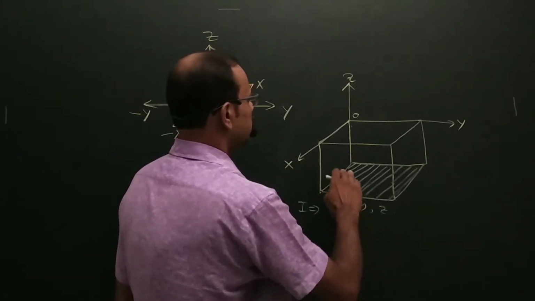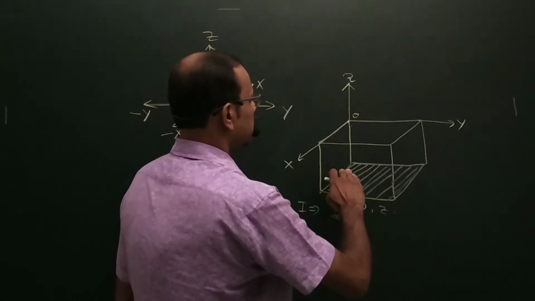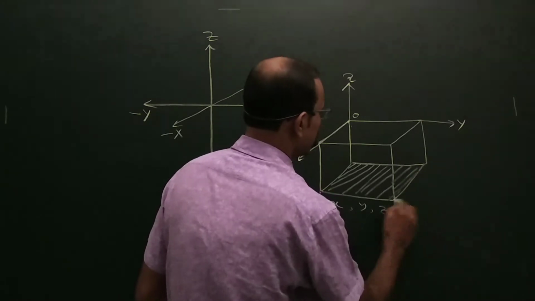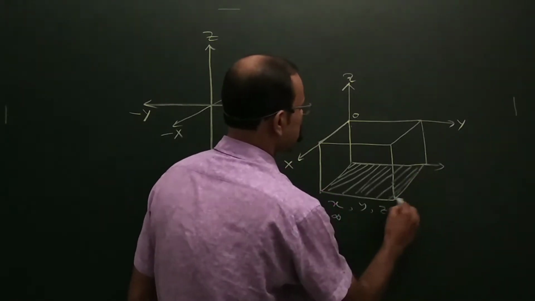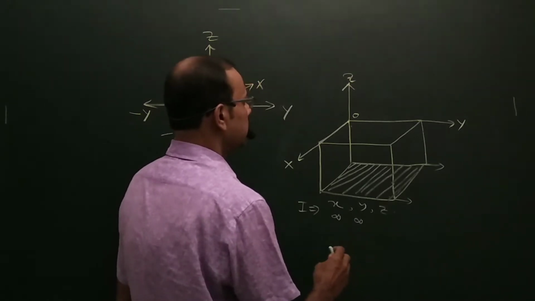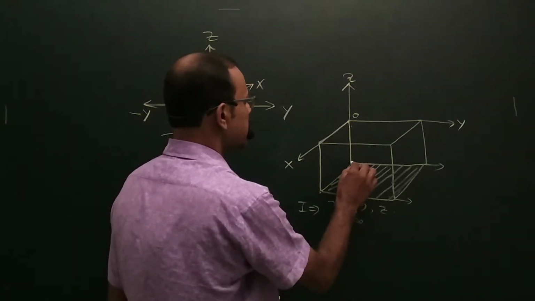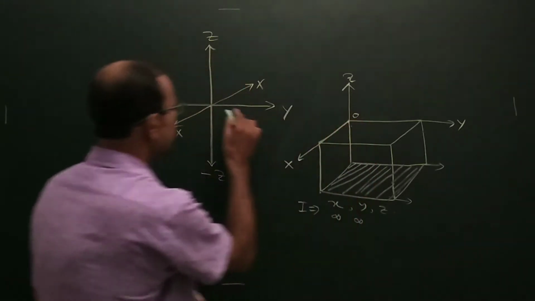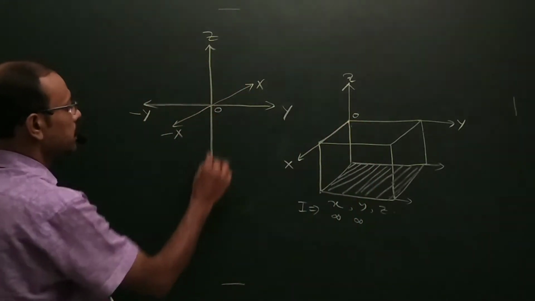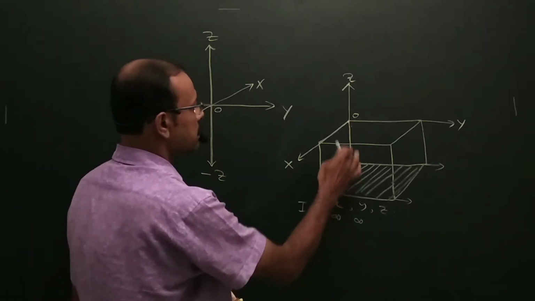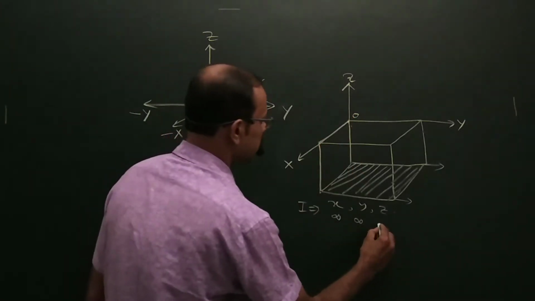The plane does not intersect the y-axis because it is also parallel to the y-axis. Therefore, it is also infinity. And along the z-axis, the plane intersects along the negative z-axis, at -1 unit.